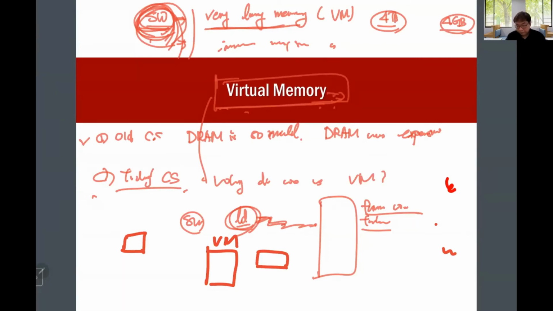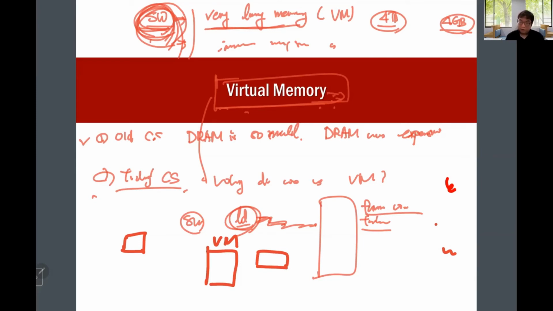And modern computer systems equip this large main memory, right? The large DRAMs.